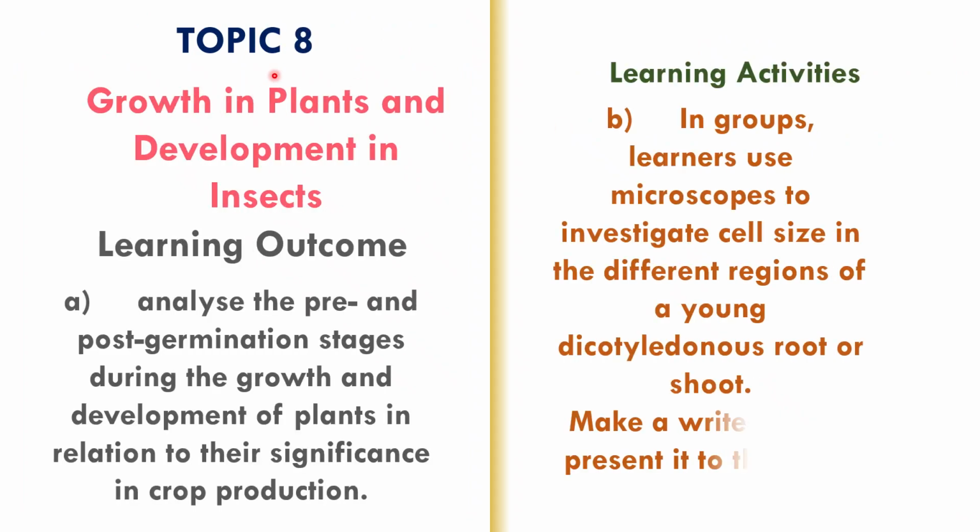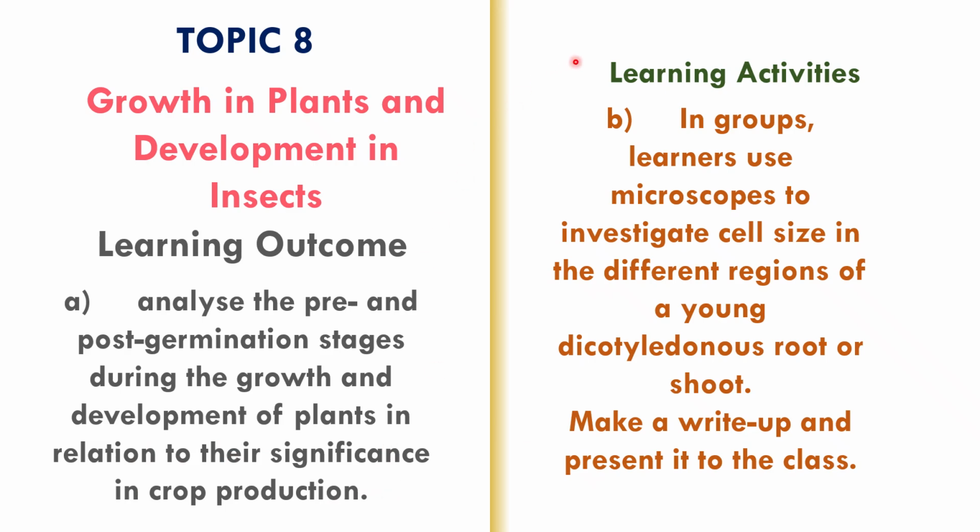Thank you very much for participating in Topic 8, Growth in Plants and Development in Insects. We are on Learning Outcome A: analyze the pre- and post-germination stages during the growth and development of plants in relation to their significance in crop production.